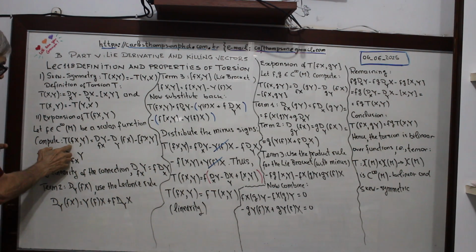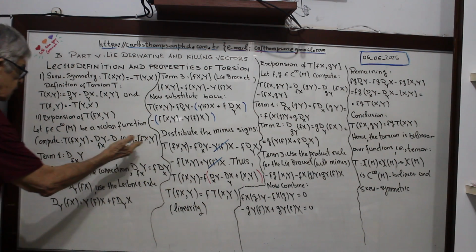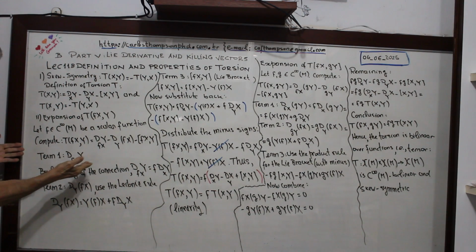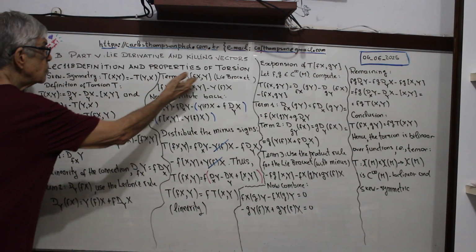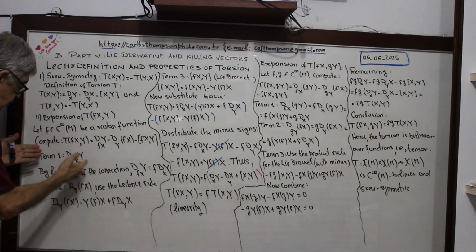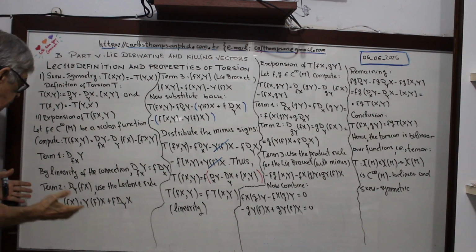So let's compute the torsion of (fx, y). You just follow, quite easy. This is term 1, term 2, and term 3. You just copy and follow. That's quite easy. There is no problem.